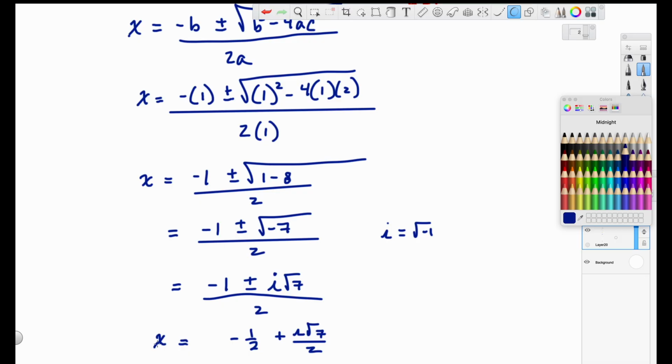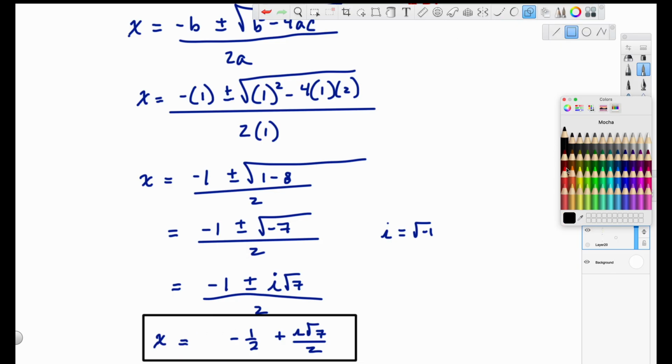And you guys see, we have a complex solution here. We have an imaginary here. So this is not a real solution, but we can still show it as a complex solution.